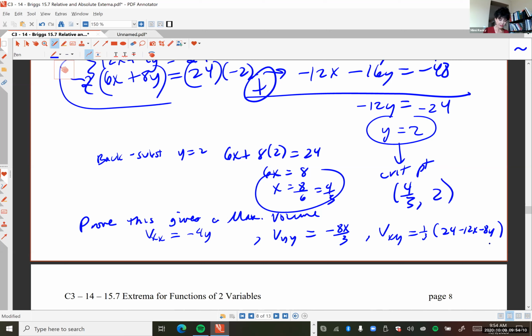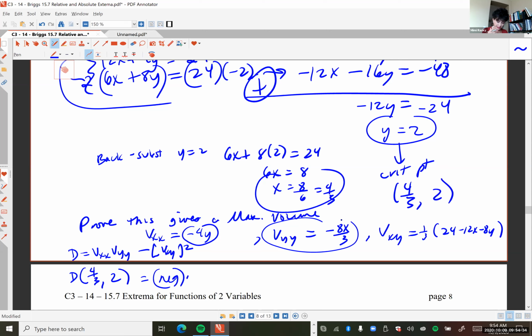So when you put your D together, which is going to be Vxx times Vyy minus Vxy squared, and when you evaluate at the point (4/3, 2), your Vxx is going to be something negative. Times, you're also going to get something negative here.